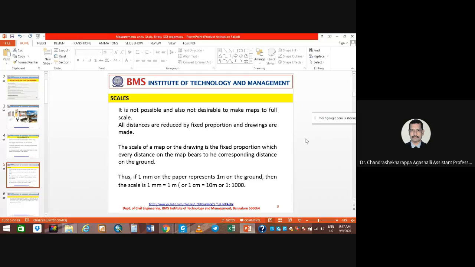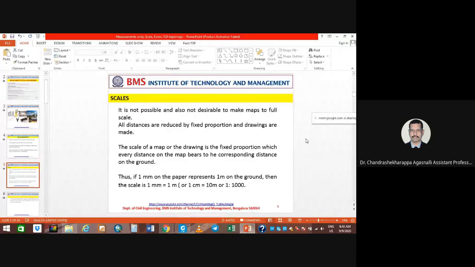That may be 50 centimeters of your A3 size, or 60 centimeters. So you need 1 centimeter equal to 100 meters, or maybe 200 meters. This is the x-axis. For the y-axis, what is the distance? Based on that, you can reduce the scale.